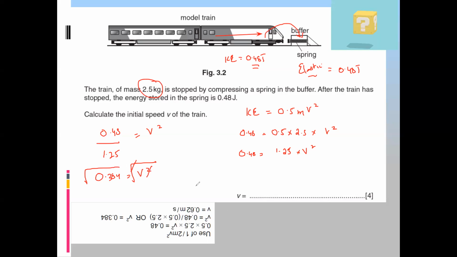So under root of 0.384 will come out as 0.62, about 0.63 meter per second. Is it clear, this question? How we use the kinetic energy to get the speed.